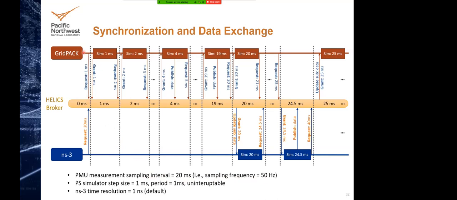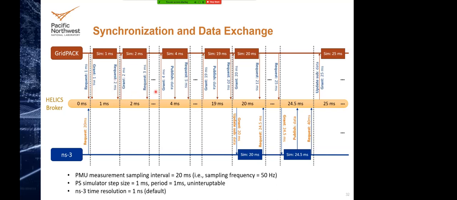And GridPACK requests to go to the first millisecond, and the HELICS broker will look at their requests and grant the request that's earlier in the timeline. In this case, the HELICS broker will grant the 1 millisecond time to GridPACK, and GridPACK will do its simulation for the 1 millisecond step, and then it will request to go to the 2 millisecond time step.